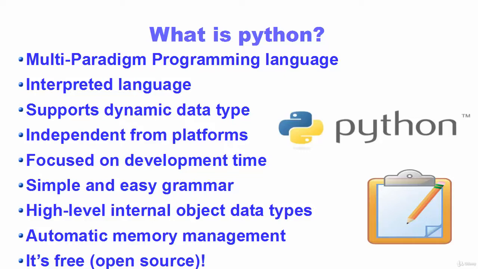Python is a highly readable language and has a clean visual layout. So if a developer writes a very efficient Python program, it's like reading English language. Now, Python has high-level internal object data types and automatic memory management. And at last, Python is free and open source. That means you don't need to pay anything to start learning Python.